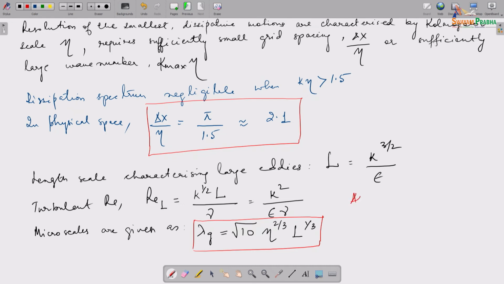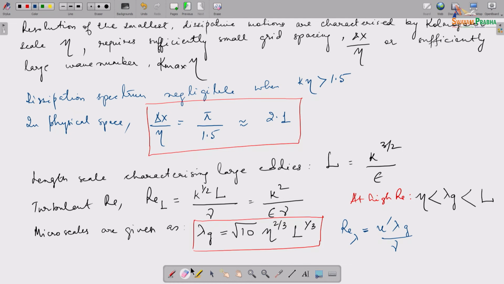So, at high RE, lambda g lies between eta and L. Okay. And so, microscale, so this is the Reynolds number that we will be looking at. Okay. So, the smallest Reynolds number will be, right, this makes sense.